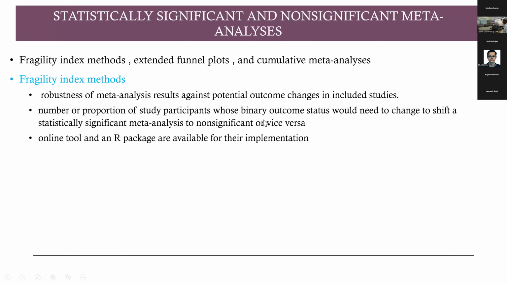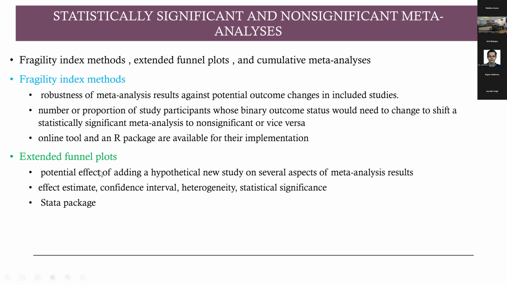I told you about the fragility index, the robustness of a meta-analysis: the number of participants to be added to change the results, not of one study but of the whole meta-analysis. If I just add one patient to one arm, suddenly the whole result changes. That is the fragility index. There is an online tool for the fragility index of meta-analysis. R packages are also available for it.